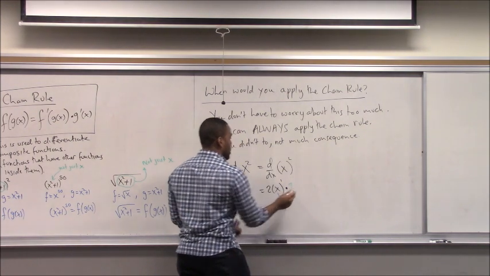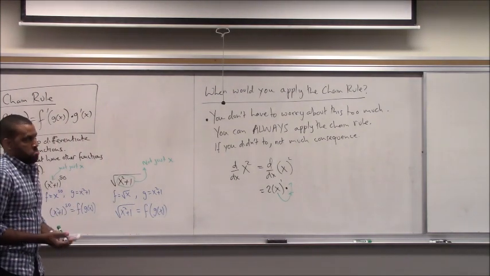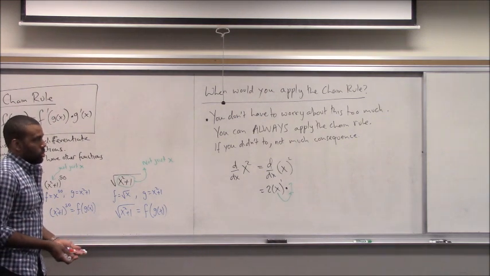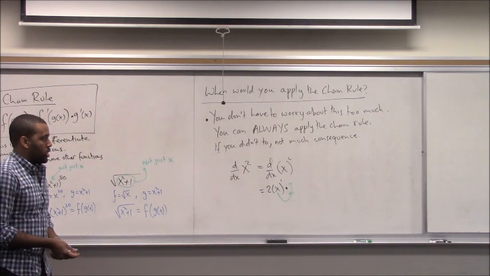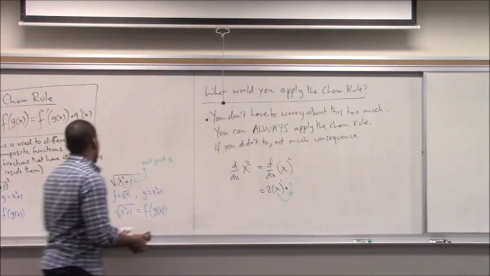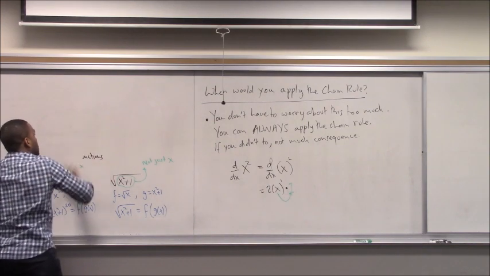So worst case scenario, if you apply the chain rule when you don't have to, the worst thing that's going to happen is you're going to multiply by 1. So it's actually not something you have to worry about too much in the first place. But not applying it when you need it can be a problem. So you should know when you definitely need to do it.